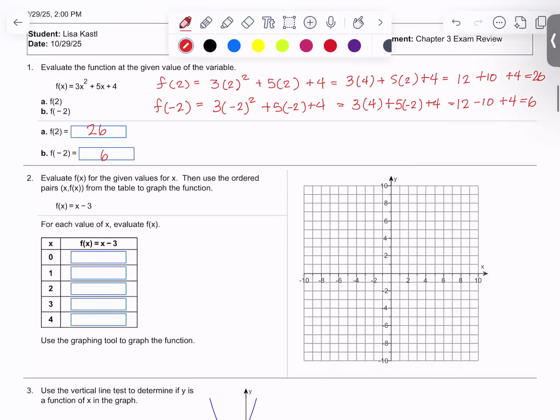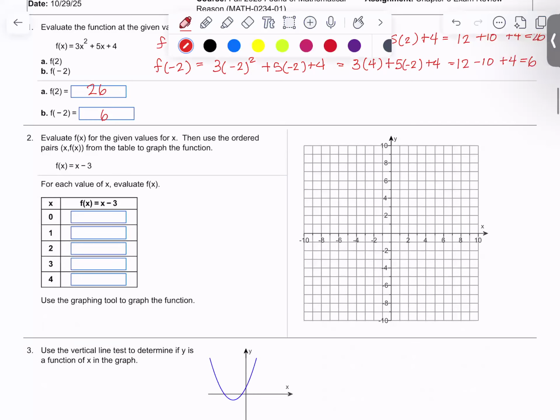The second problem, we're going to do a graph by plotting points, and they're going to ask us to find 5 different ordered pairs to plot. And the function that we're finding the ordered pairs for is f of x equals x minus 3. And we're going to do that for values of x from 0 to 4. So we're going to evaluate this function at 0. 0 minus 3 is -3.